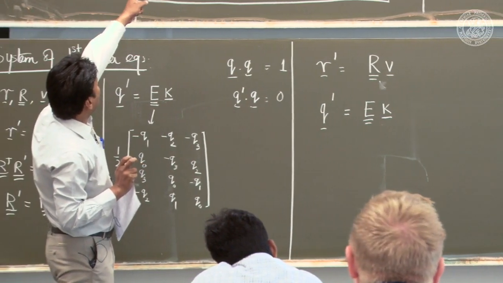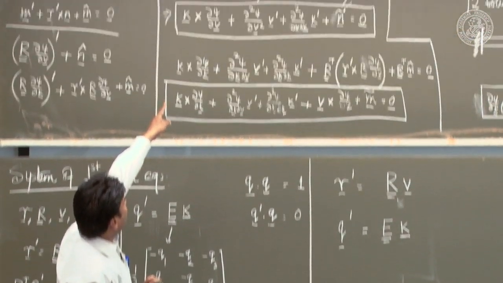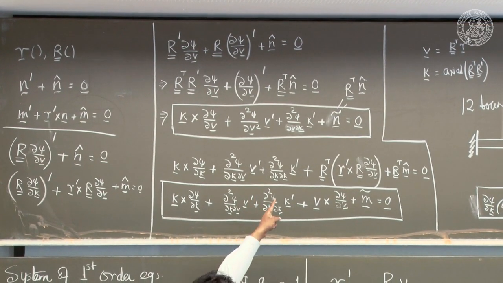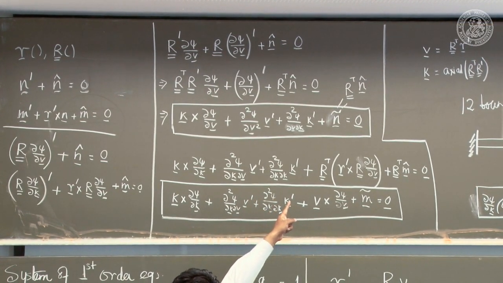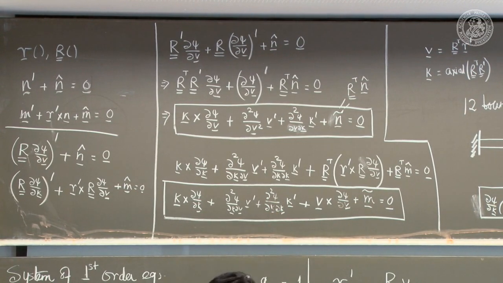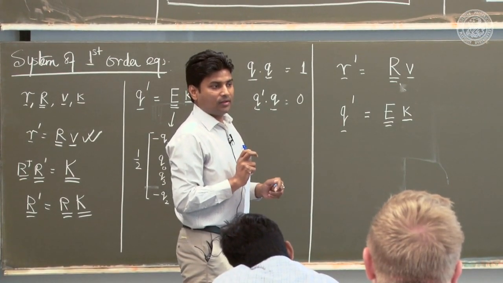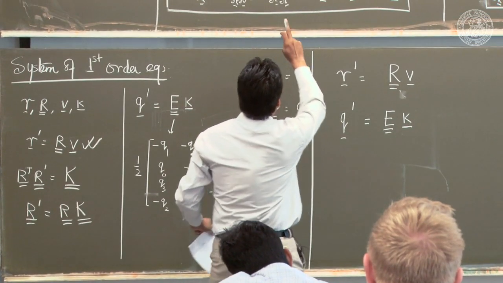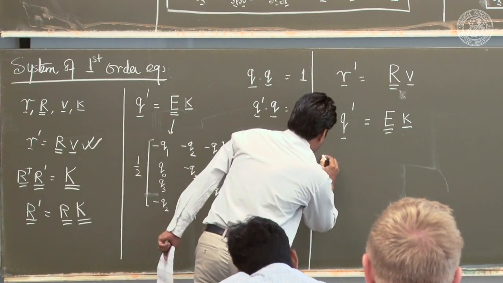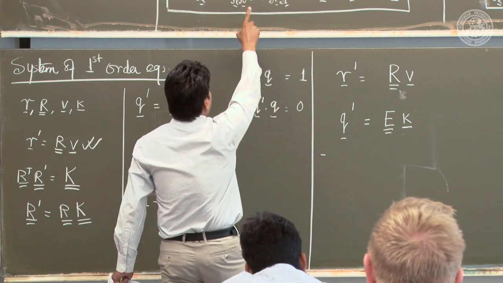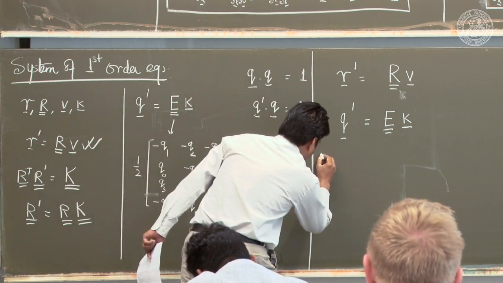Think of using then the force balance equation. You have a derivative in V and K, so we want to have that on the left hand side. I'm going to write both of them together, and I'll show you how that becomes.